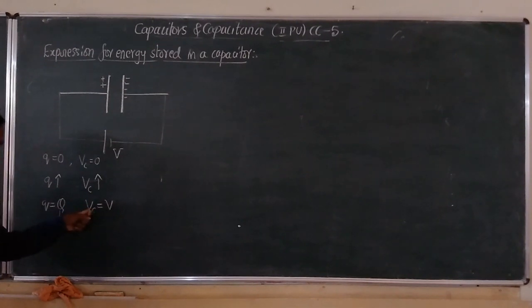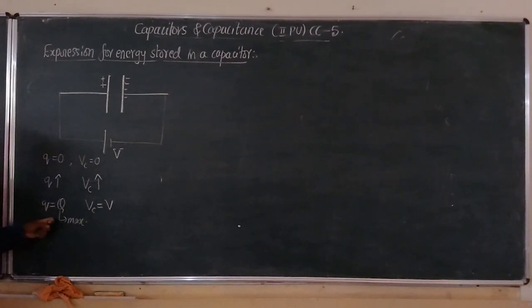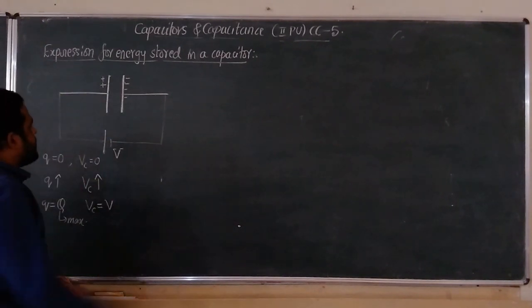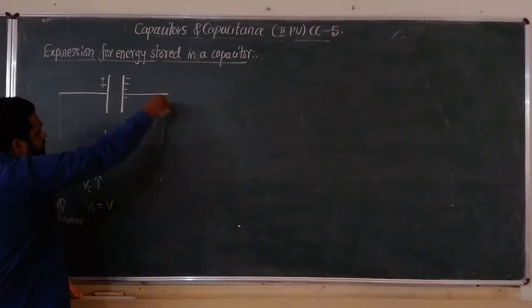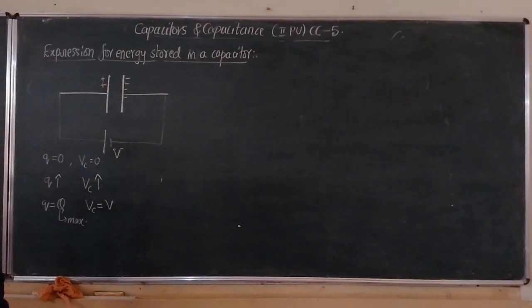So totally, charging a capacitor means removal of negative charges from one plate and delivering them to the other plate of the capacitor. This is how a capacitor is charged.